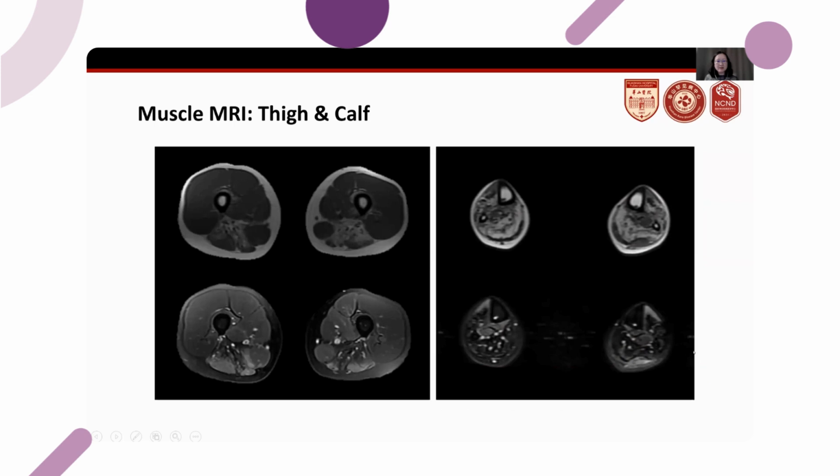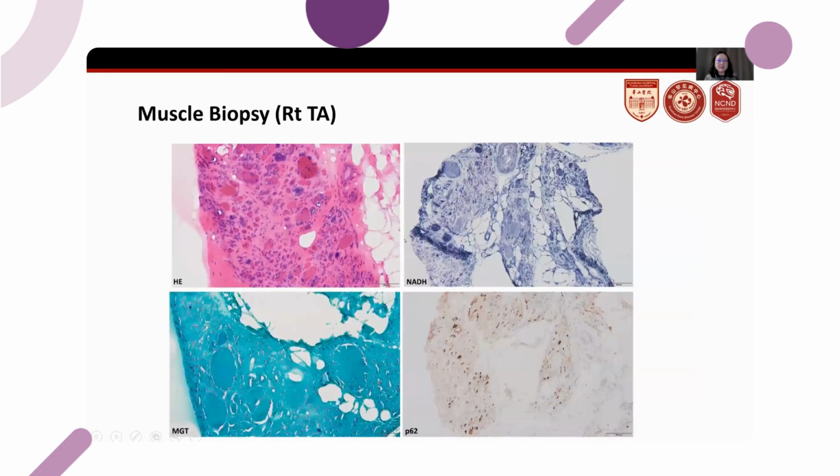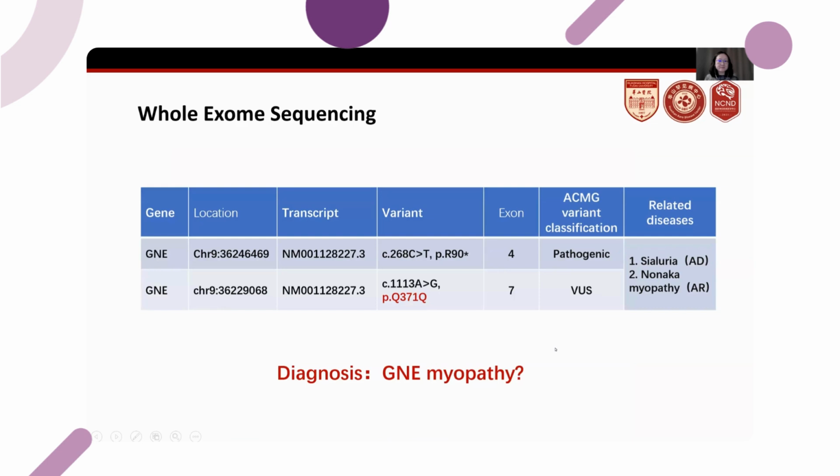But on the muscle MRI, this patient is peculiar because the quadriceps is spared, even with very severe involvement of the legs. The muscle biopsy on the TA showed rimmed vacuoles and very severe myopathic change, and also P62 deposition.